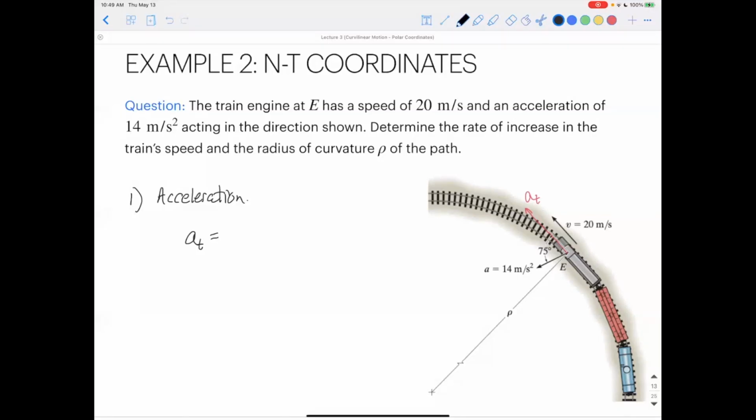So we can write that as 14 times the cosine of that angle, 75, which would be equal to 3.623 meters per second squared. And then we know this is also equal to v dot.